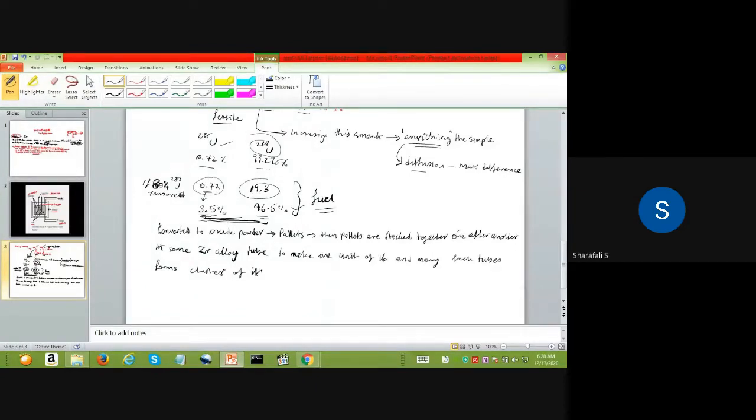I will just check that unit to make. So this is stacked one after another in some zirconium alloy tube.